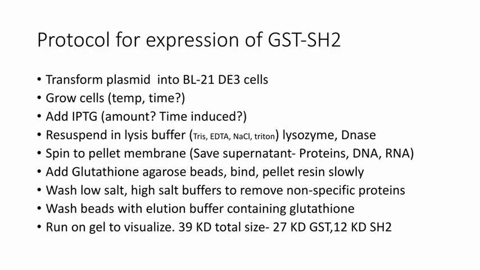So there'll be some GST SH2 left in solution after we've pelleted the resin, and you're going to take a sample of that and see all the proteins that are still left in solution, including our GST SH2, after we have bound our GST SH2 to the glutathione agarose beads.